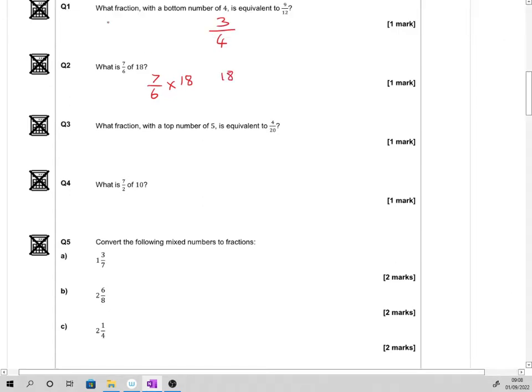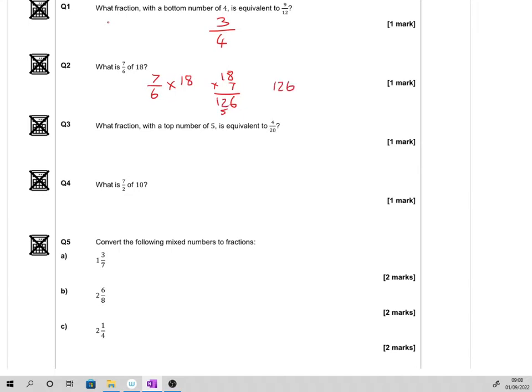So 18 times 7. It's 49, 56, and 7, that's 126. So 126 divided by 6 is 21.